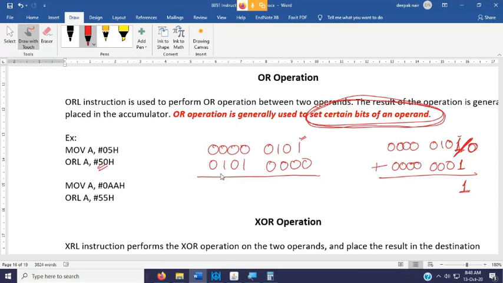Now here in this case, we are forcefully making these two bits, this one and this one, 1. So wherever you want to forcefully make it 1, bring 1 to those positions. So now the number will be 55. So this is how you use the OR operation.